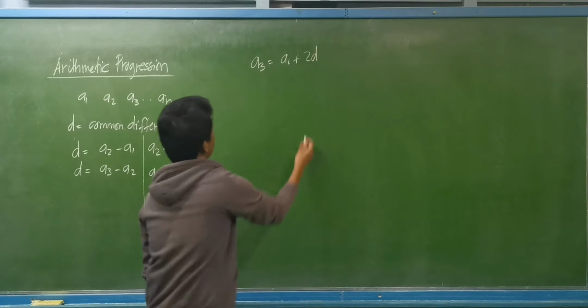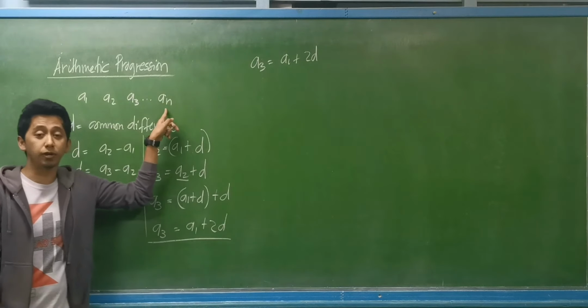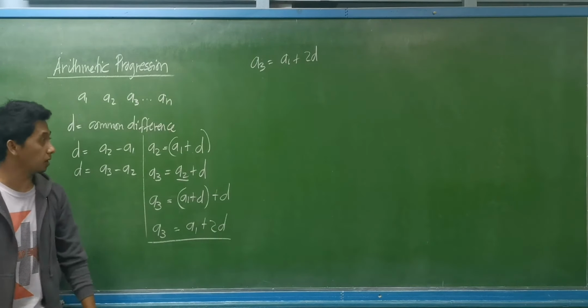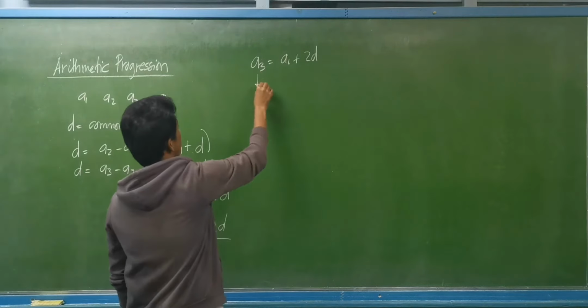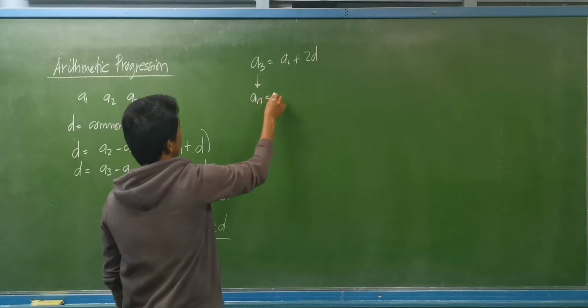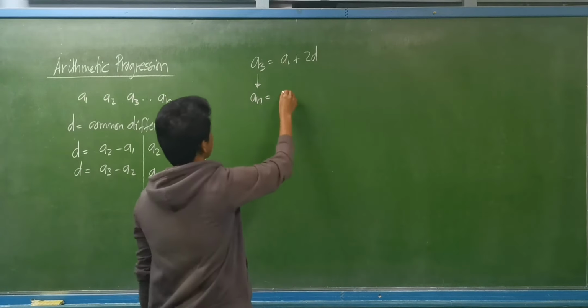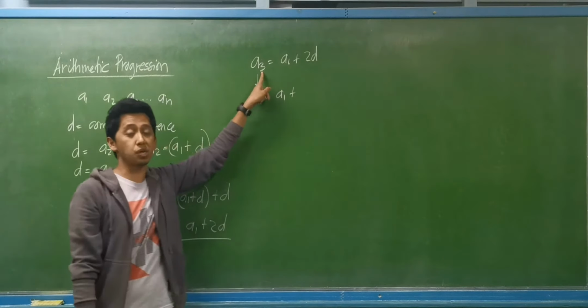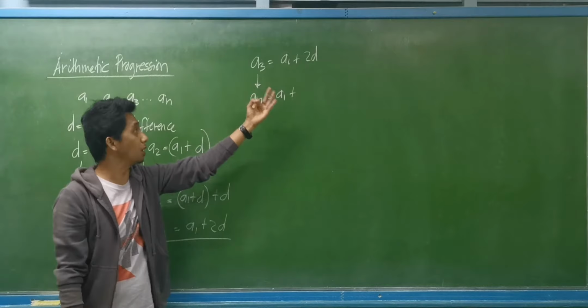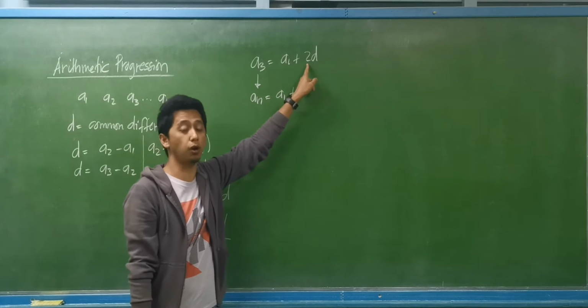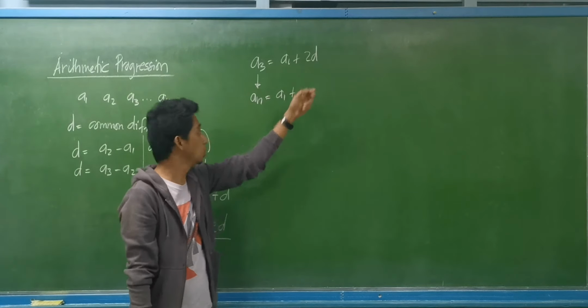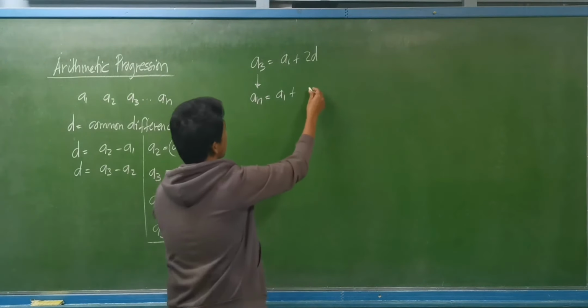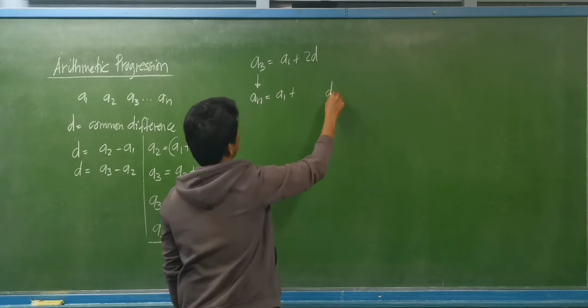How do we compute the nth term for our general formula? Let's say this is a sub n. We need the first term, a sub 1, plus, can you observe? We have a subscript of 3, and our multiplier for the common difference is 2. So if this is n, what would be the multiplier of the common difference?